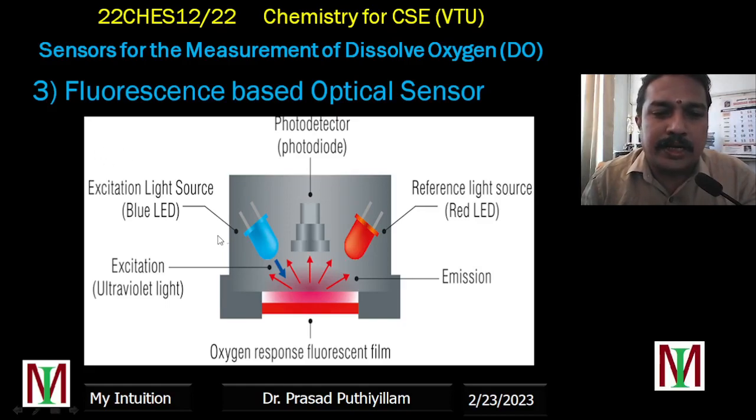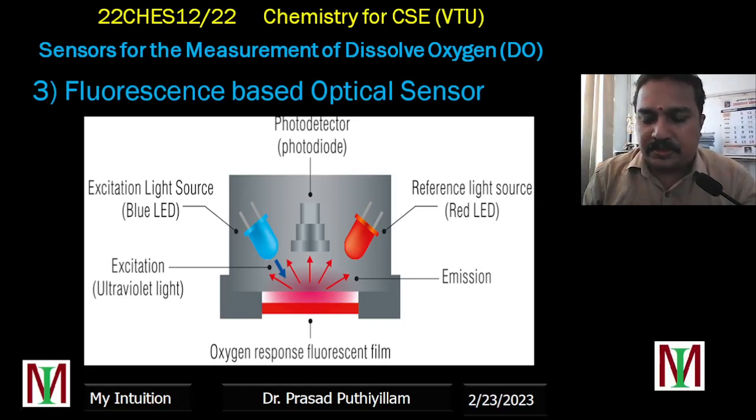There are two LEDs used, one reference red LED source and one blue LED as a light source. It produces ultraviolet. When ultraviolet hits the fluorescent film, it will emit. So that is detected with the photo detector. The emission from the fluorescent film will be based on the oxygen concentration present there.